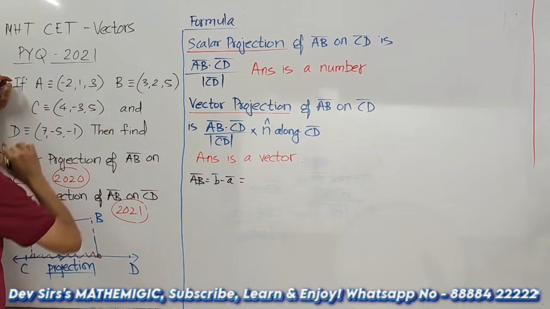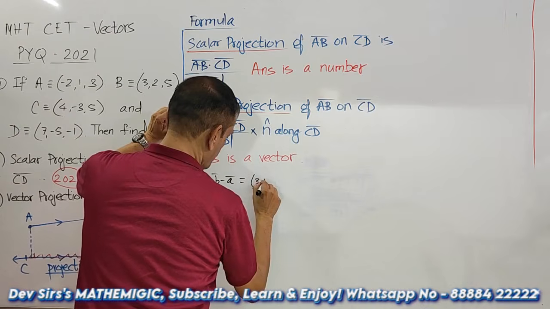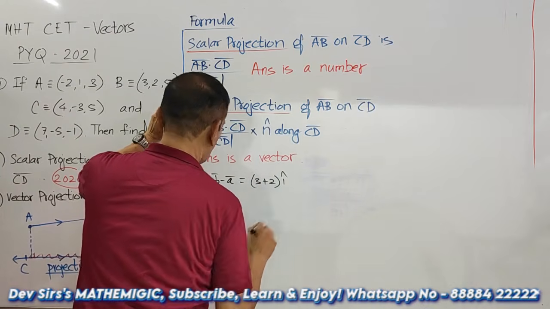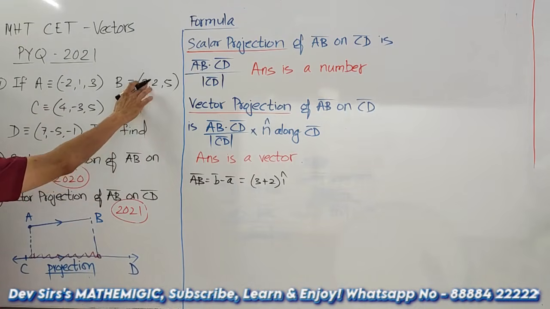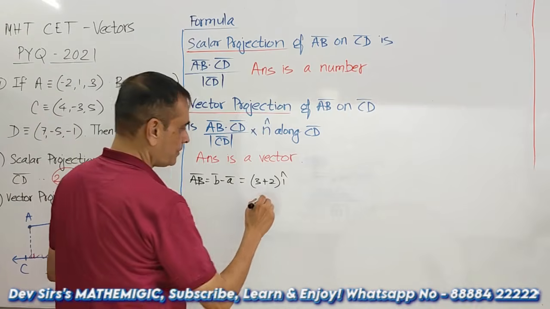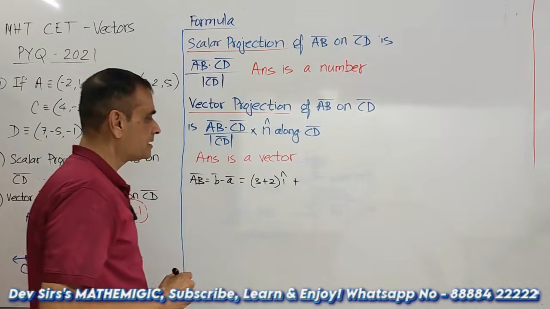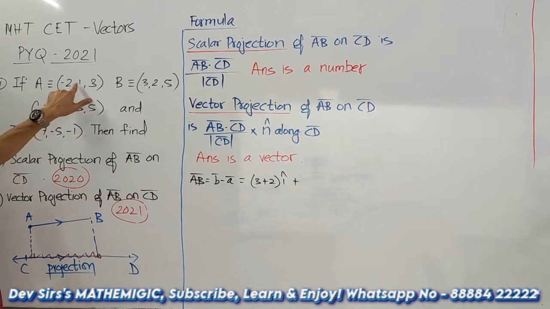3 minus minus 2. Again I'll repeat. 3 b minus a means 3 minus of minus 2 plus 2 minus 1 b minus a.